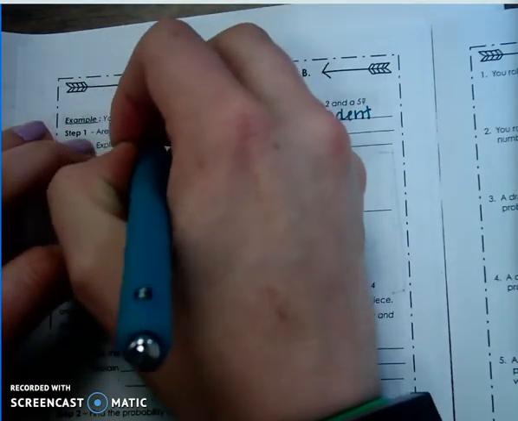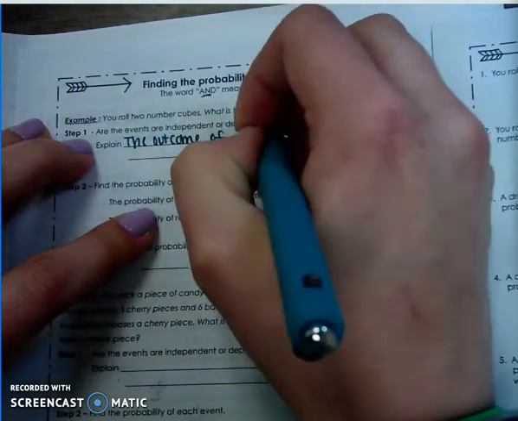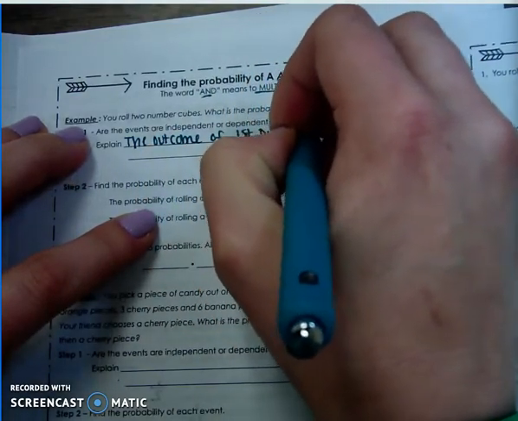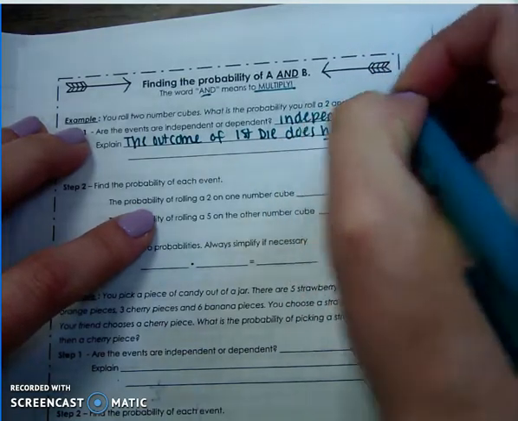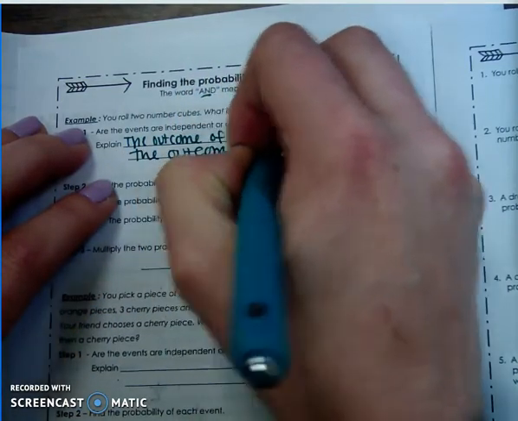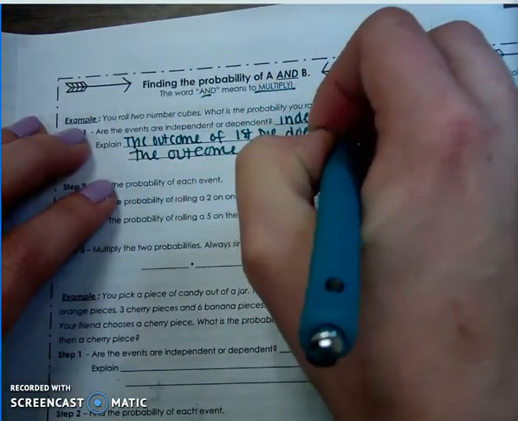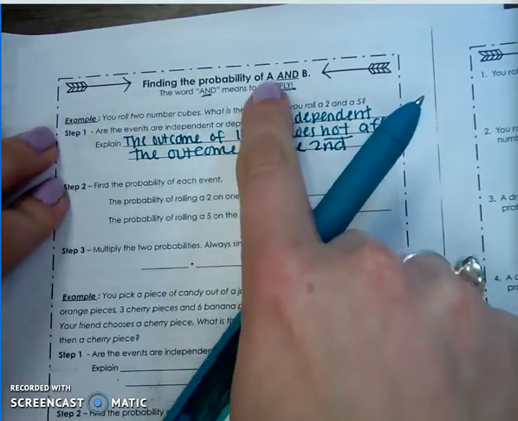Write that down. The outcome of the first die does not affect the outcome of the second. All right, so and meaning multiply.